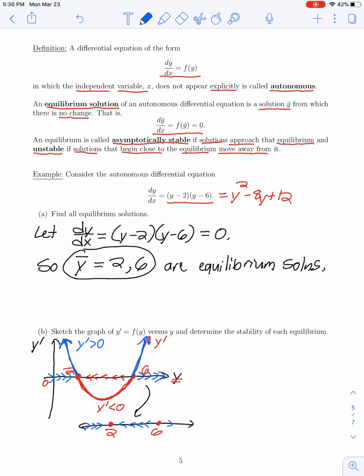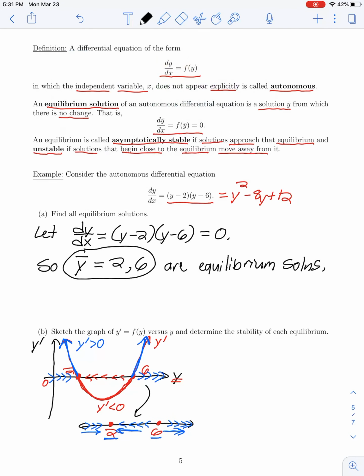And for values of y that are greater than 6, y is increasing. So this horizontal line, our y-axis here, shows us that solutions seem to be closing in on 2. They're increasing from below or decreasing from above. We're moving in towards 2, and we're moving outward from 6. Our solutions are decreasing from 6 or increasing from 6.